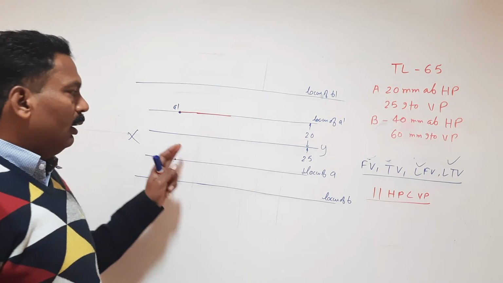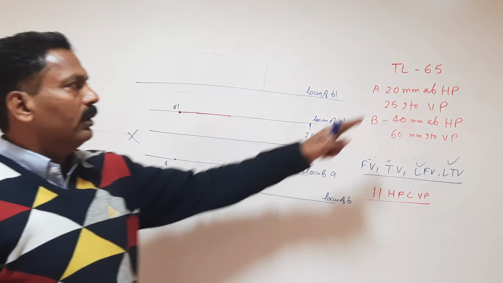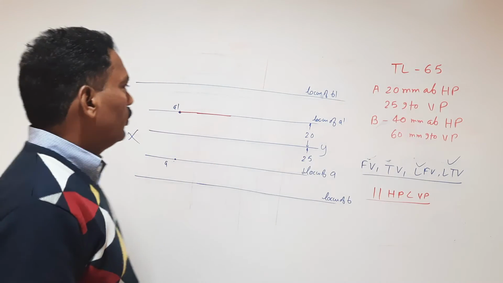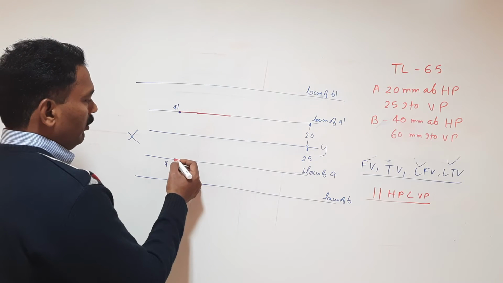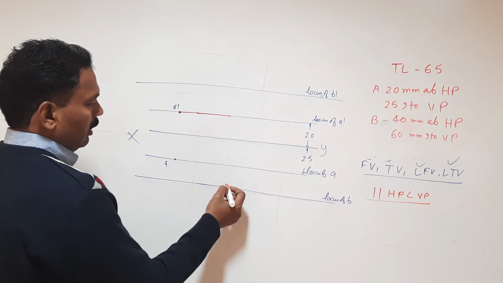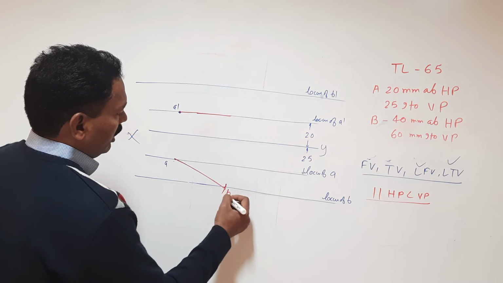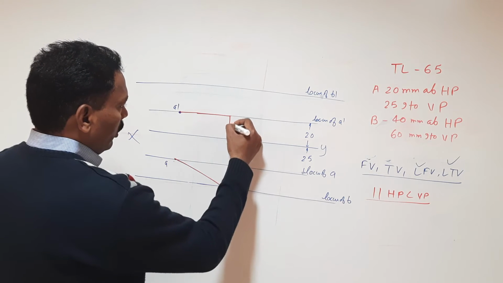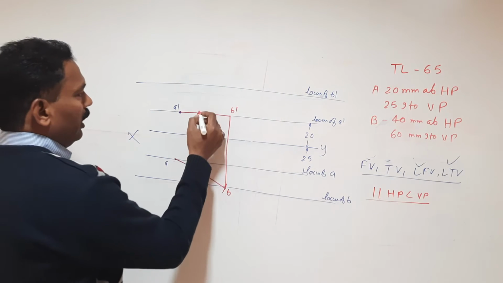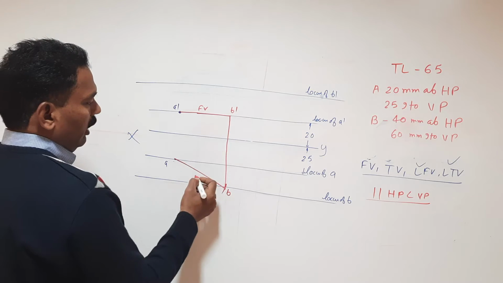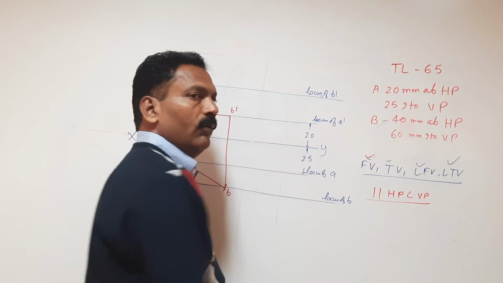It means we can draw the true length in top view, and the true length is given, 65 mm. So take an arc of 65 mm, take A as center, and cut between these two lines. This becomes point B. When you draw the vertical line, you will get the point B dash. Now you get the length of front view and position of B.